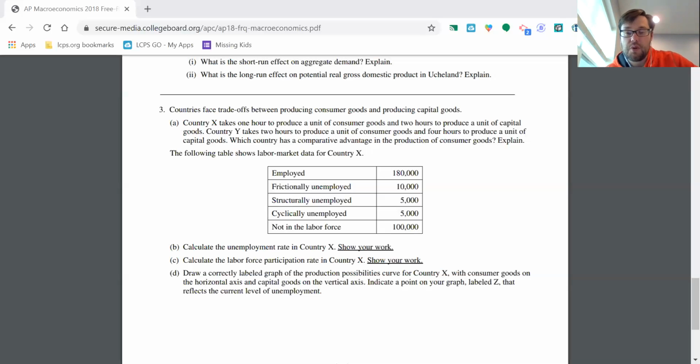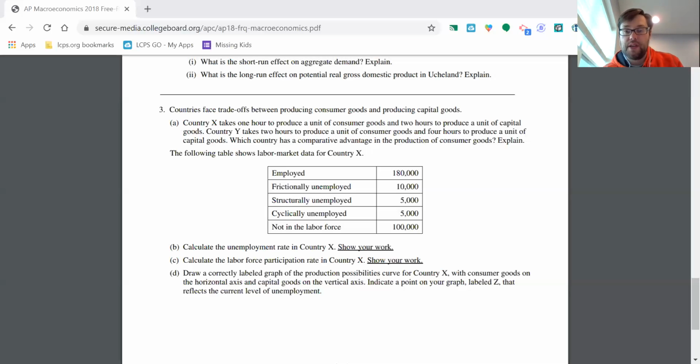So when we think about this in terms of utilizing resources, let's think about the NRU. So NRU is frictionally unemployed plus structurally unemployed, right? Or unemployment rate, I guess you can think of it. So frictional plus structural.